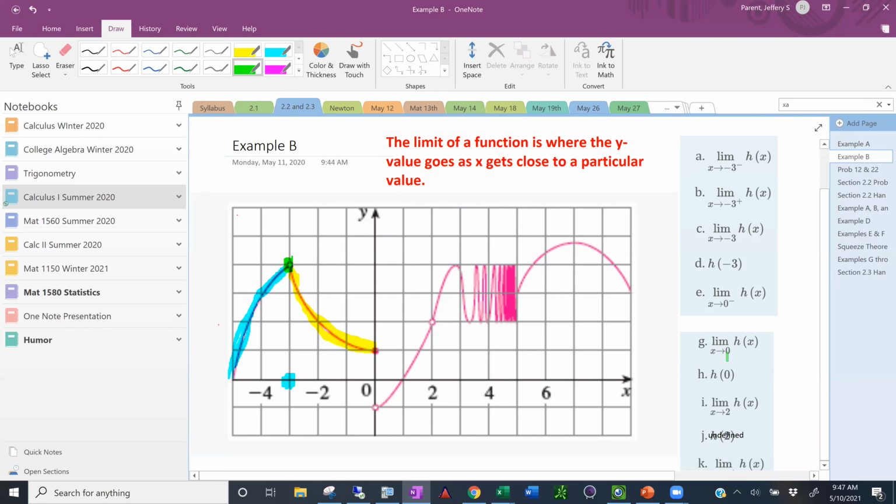All right. Well, part G's looking at the limit as x approaches 0. Now, I kind of like this because it's making us think about what we just looked at. So let me write this down here. G, limit as x approaches 0 of h of x.